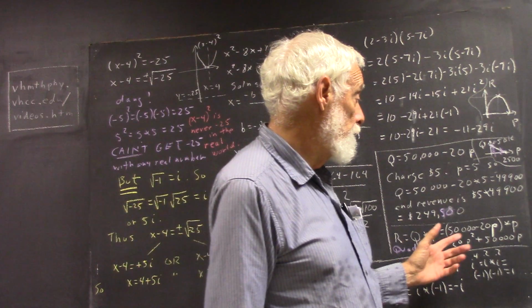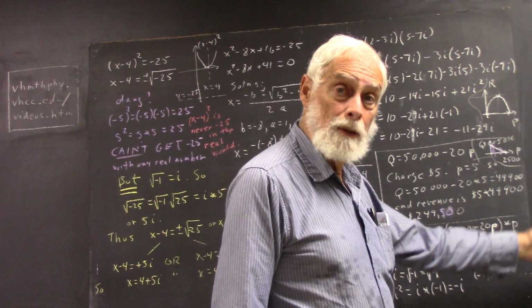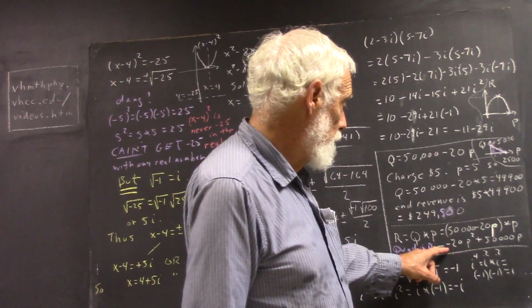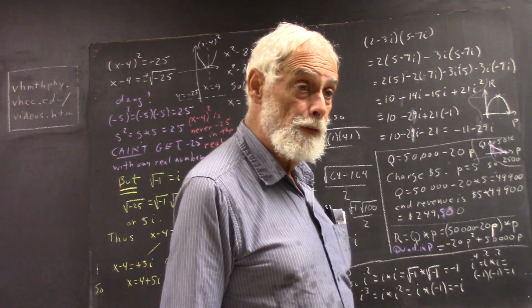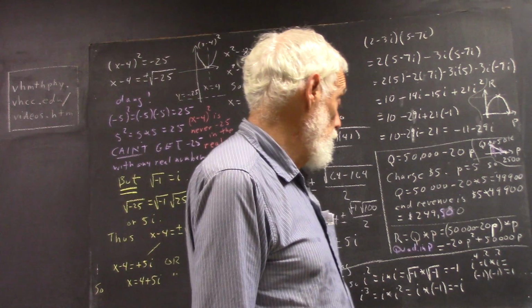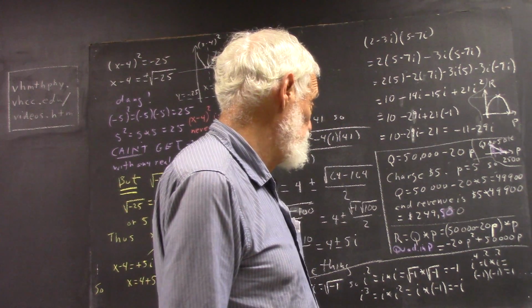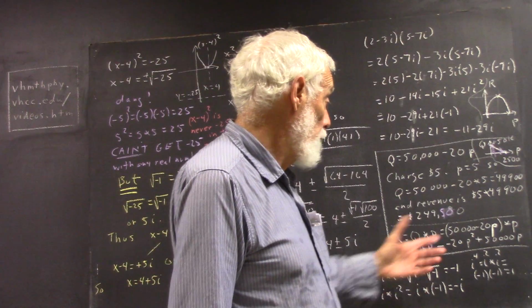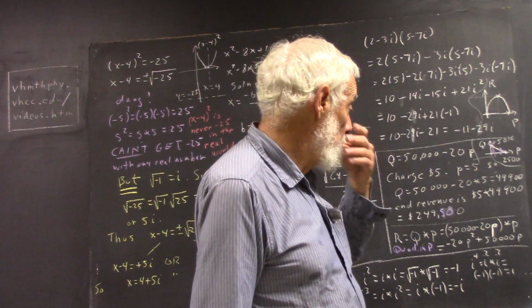So it's like an AX squared plus BX plus C, where C is 0, A is negative 20, B is 50,000. You could set this equal to 0 and solve for P. You could graph it, and that's what we've done up here.